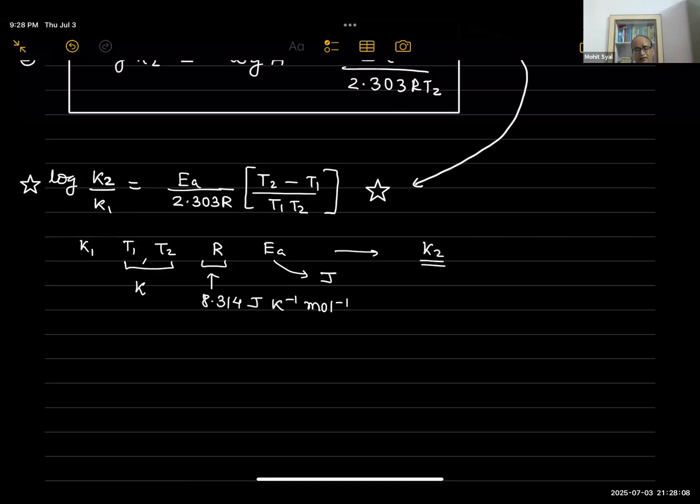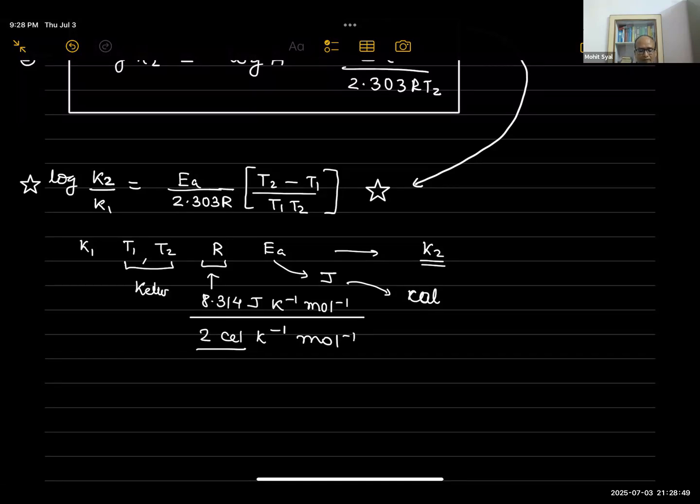If it is in calories, then you need to take R as 2 calorie per Kelvin per mole. Actually, it is 1.98, so I rounded it off to 2. Is it clear or not? If it is in calories, then you can take R in calories. If it is in joules, you can take R in joules. Temperature you are always going to take in Kelvin only.